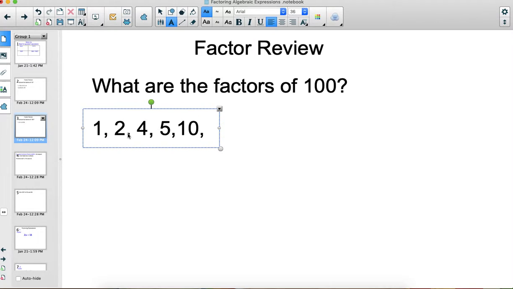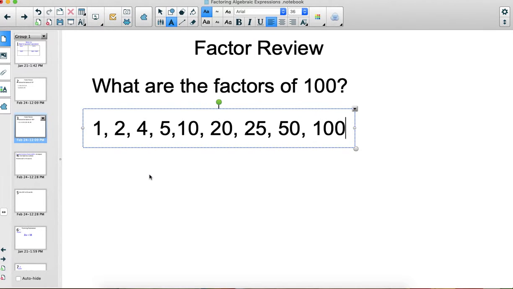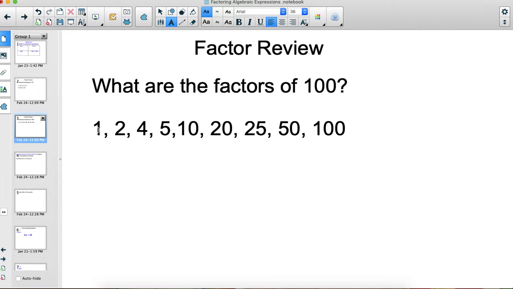And then you start working backwards: 5 times 20, 4 times 25, 2 times 50, and then 1 times 100. So 100 has 1, 2, 3, 4, 5, 6, 7, 8, 9 factors. And a factor can only be a whole number. You can't do a decimal. They want whole numbers.